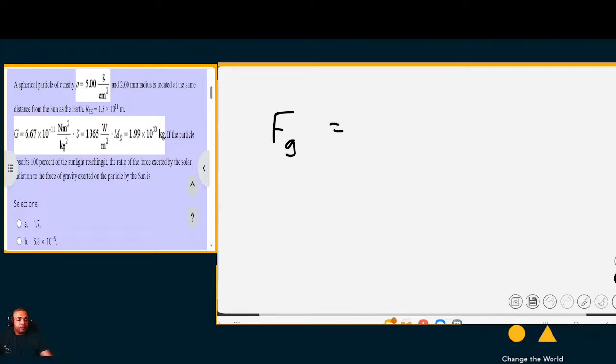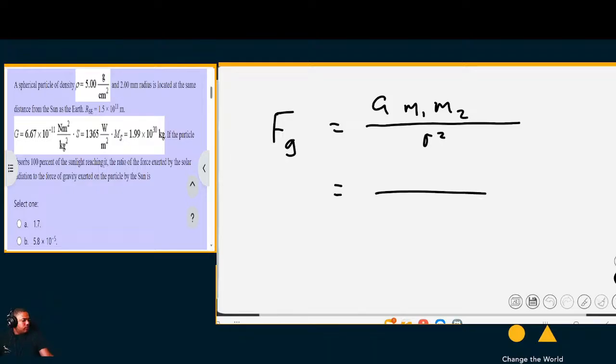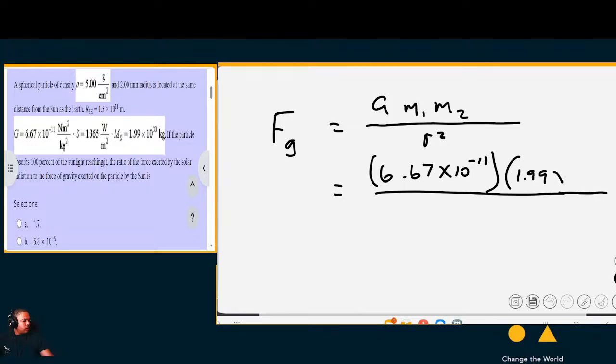The force of gravity, of course, is big G times the mass of one times the mass of the other, divided by the distance between them squared. In this case, big G is 6.67 times 10 to the negative 11, multiplied by the mass of the sun, which in this case is given by 1.99 times 10.